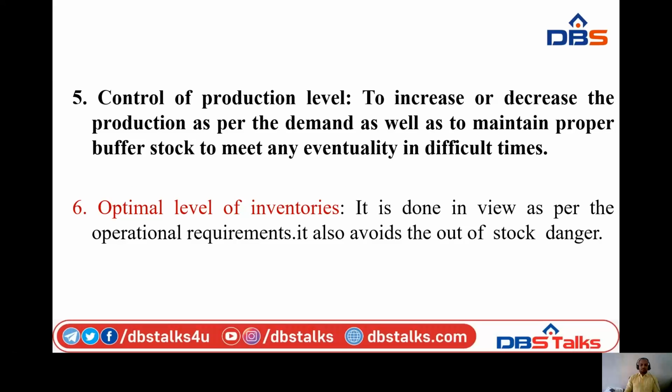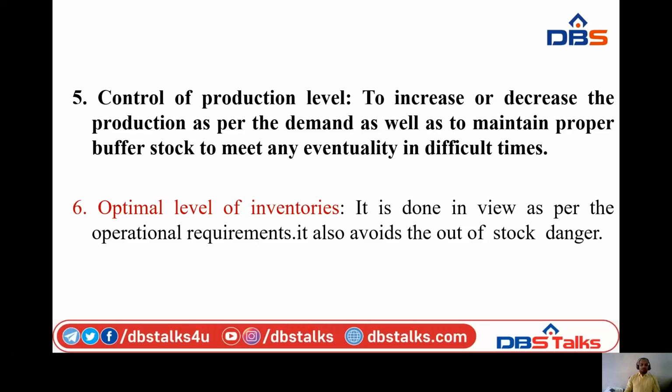Next, control of production level. We increase or decrease the production as per the demand, as well as maintain proper buffer stock to meet any eventuality in difficult times. So the control of production level is to be increased or decreased in relation to the demand and supply of a product.